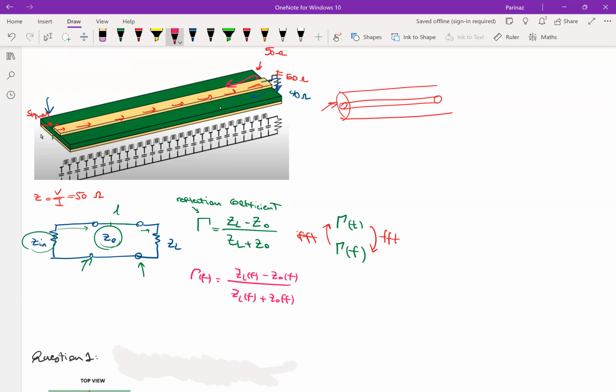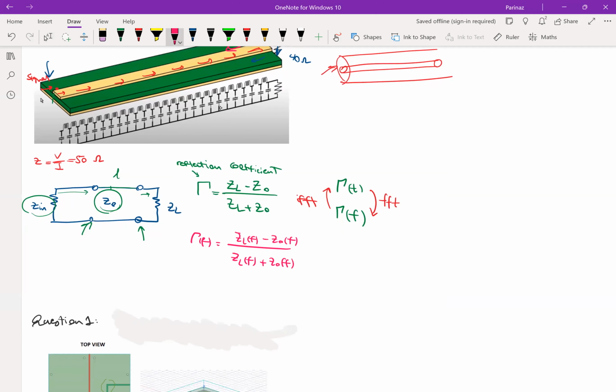For example, somebody might tell you, I'm giving you a microstrip line, it is 50 ohm, right? In the band of interest, right? So you can never design a transmission line that has a constant impedance over a very wide band frequency. But let's say, for example, they say it's constant, consider it constant because it has a very wide bandwidth, right? Then in that case, you can say, okay, but my load might change with frequency.